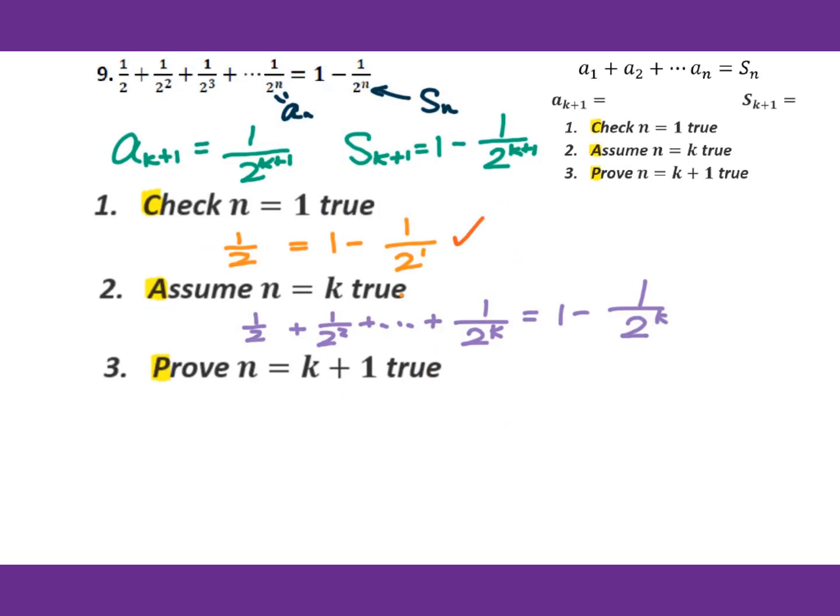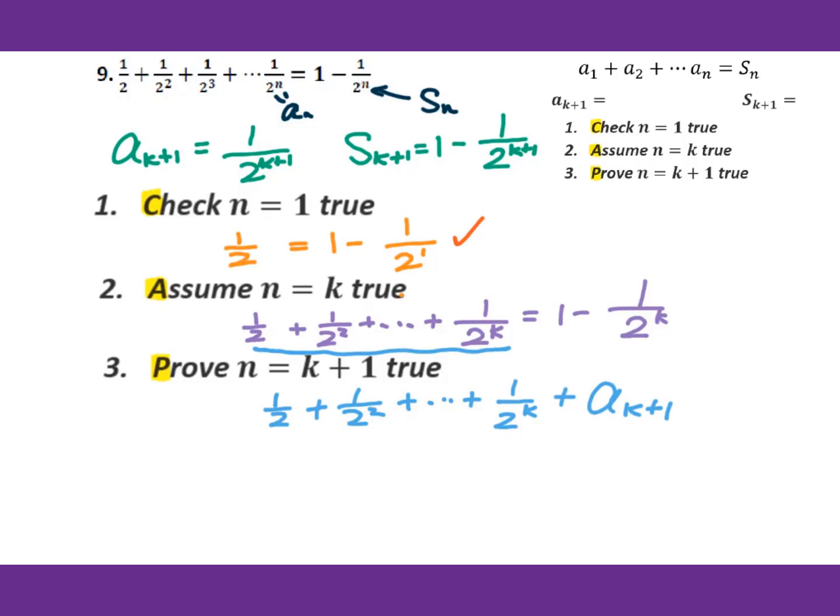For number 3, prove n equals k plus 1 true. So we rewrite this one and add a sub k plus 1. We get 1 over 2 plus 1 over 2 squared plus 1 over 2 to the k's power plus a sub k plus 1.